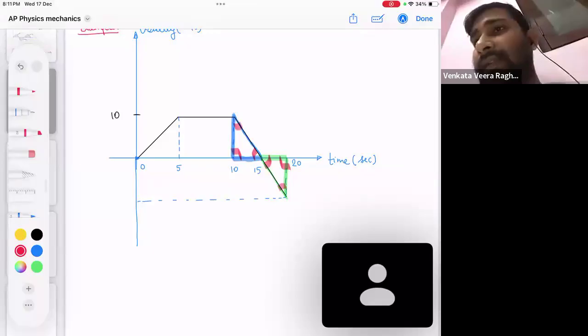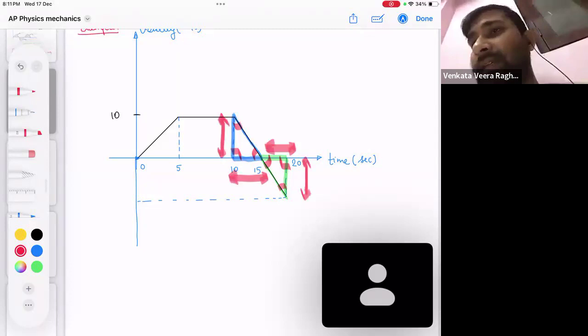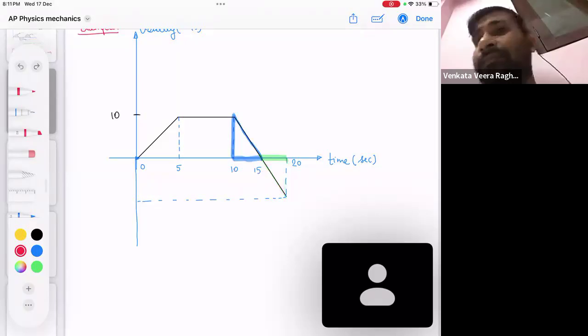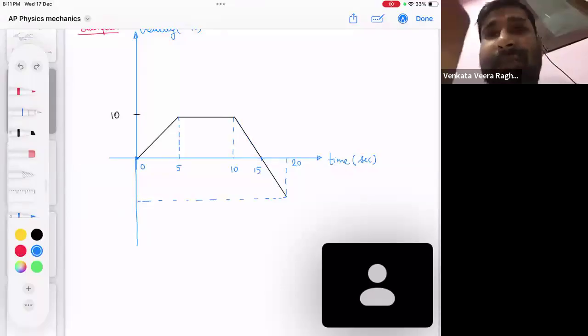So these two triangles, the blue and green triangle, are similar triangles. Whatever this length is, the same is this length, and whatever this height is, the same will be this height. So the other coordinate is also 10. Using the similar triangle, I can say that this is nothing but minus 10 for us.